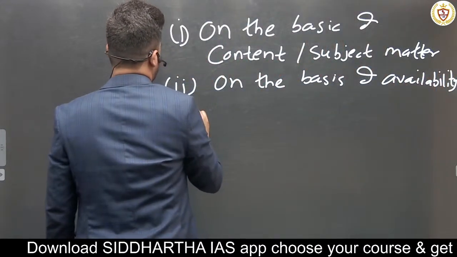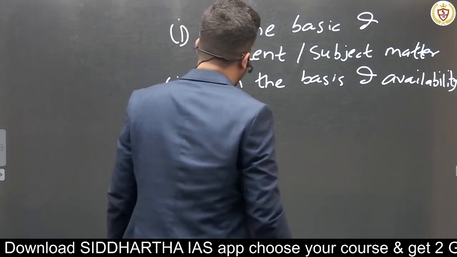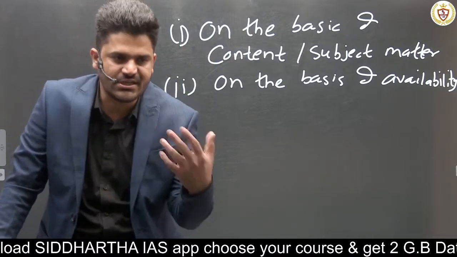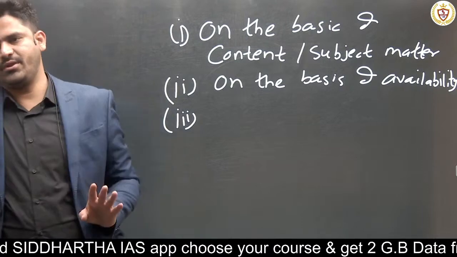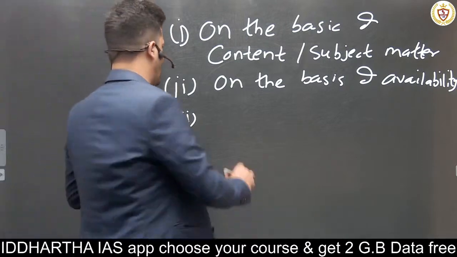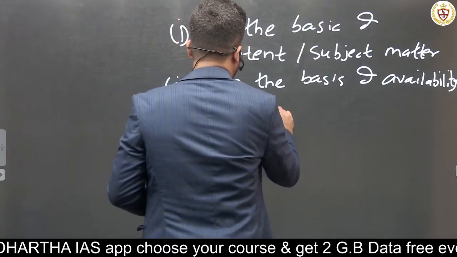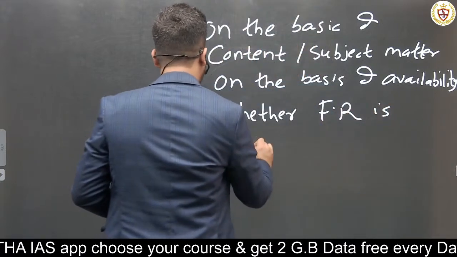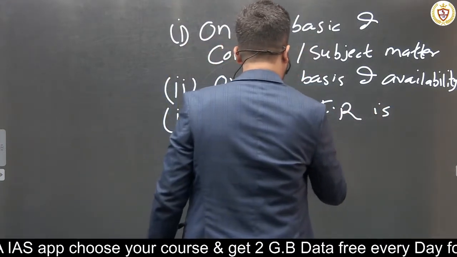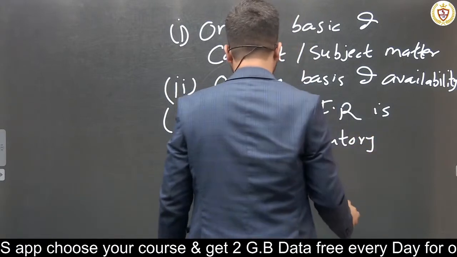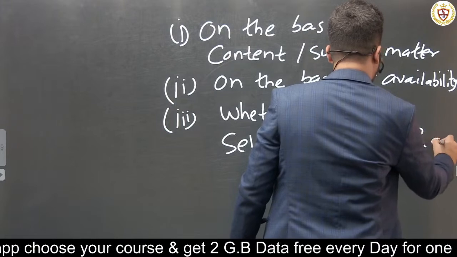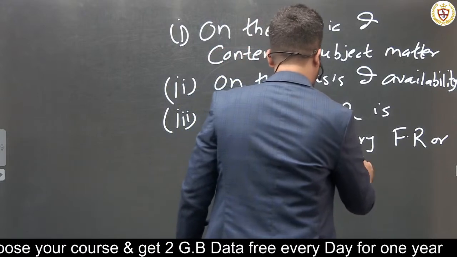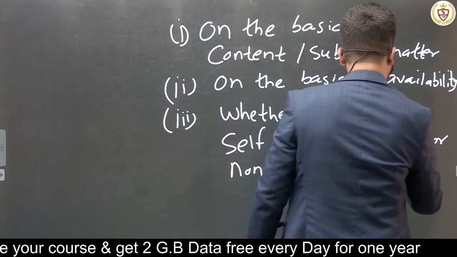And the third classification is on the basis of whether the fundamental right is self-executory or non-self-executory. Whether that fundamental right is a self-executory fundamental right or non-self-executory fundamental right.